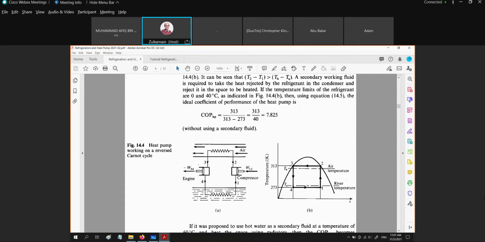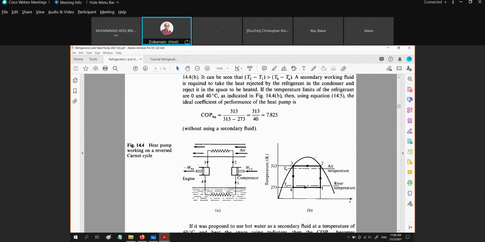We can see that this 4-1 is the temperature of the refrigerant, while the river temperature above is higher than the T sat for 4 to 1. Why? Because we need heat transfer. In order to get heat transfer, we must have a temperature difference.